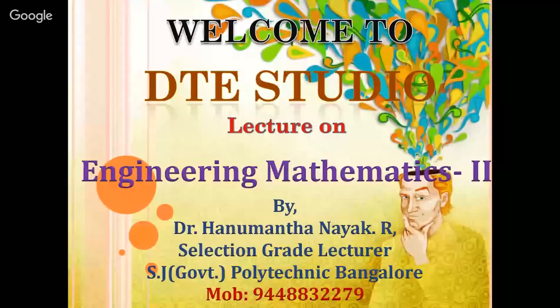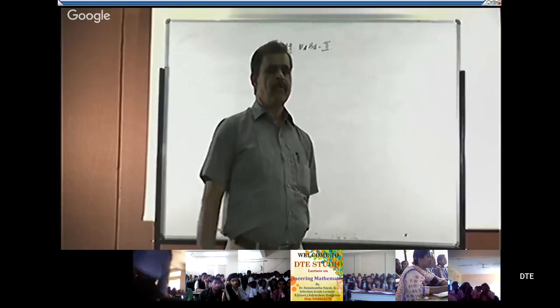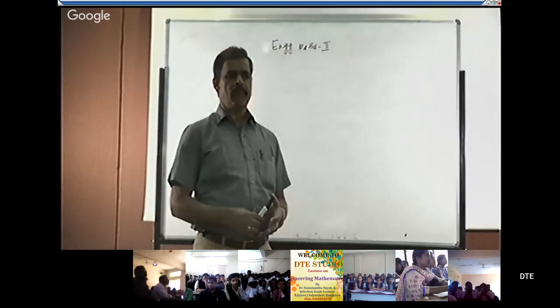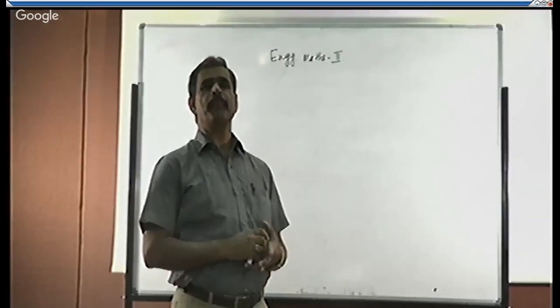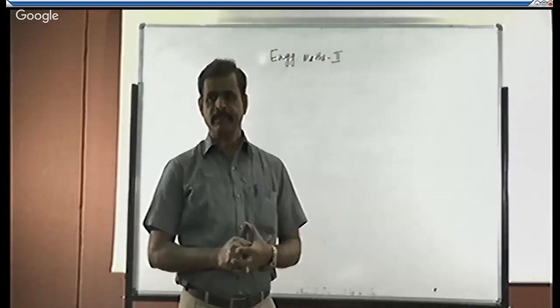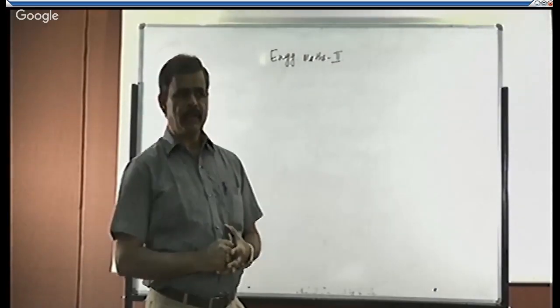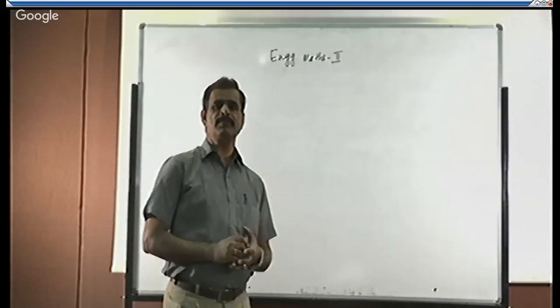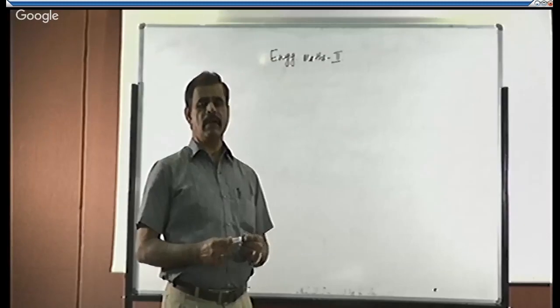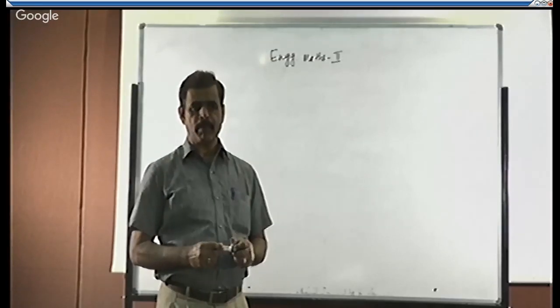Well, in the last class, we discussed the definition of slope, the definition of intercept, the conditions of slopes when the two lines are parallel and when the two lines are perpendicular.